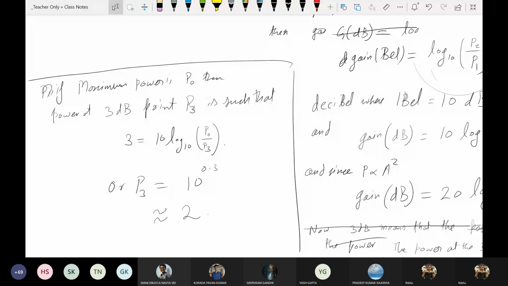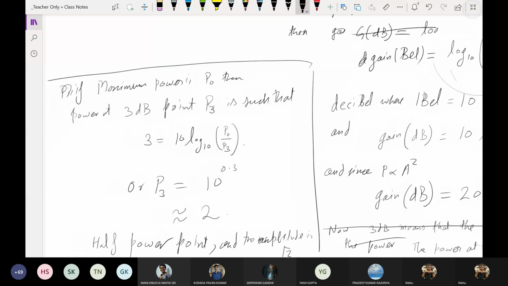So this is also called the half power point, and the amplitude is max of the maximum divided by root 2.